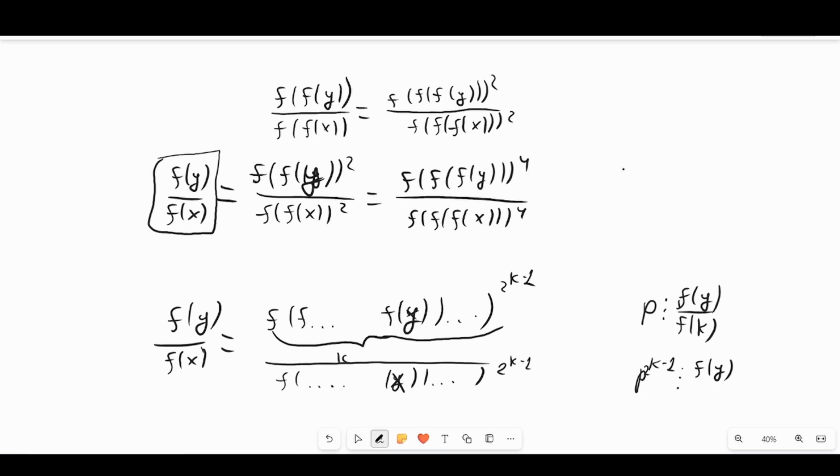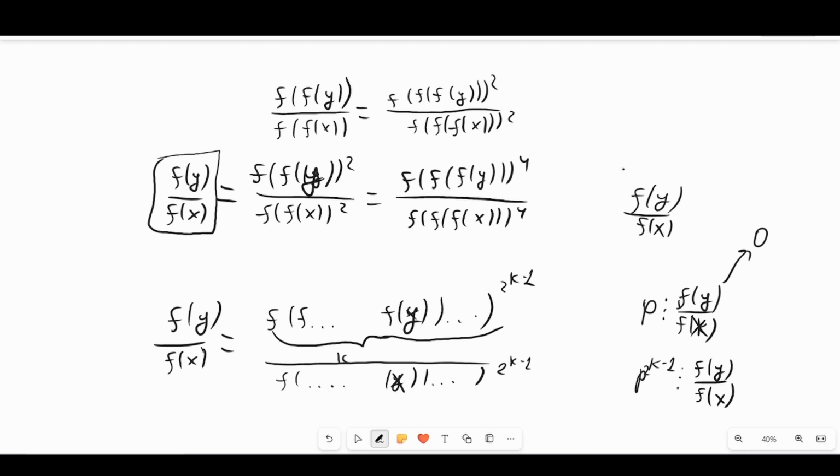And because we can take k as big as we want, this is impossible, because this number must be equal either 0 or none of the p's can divide this number. So if none of the p's divide this number, this means that f(y) over f(x) equals 1.